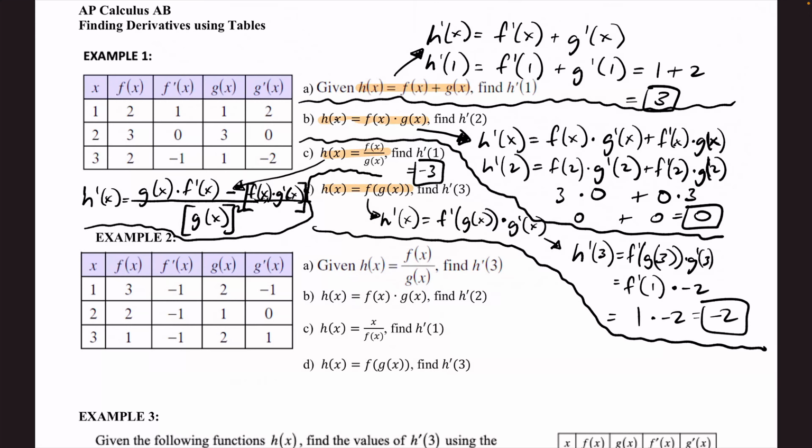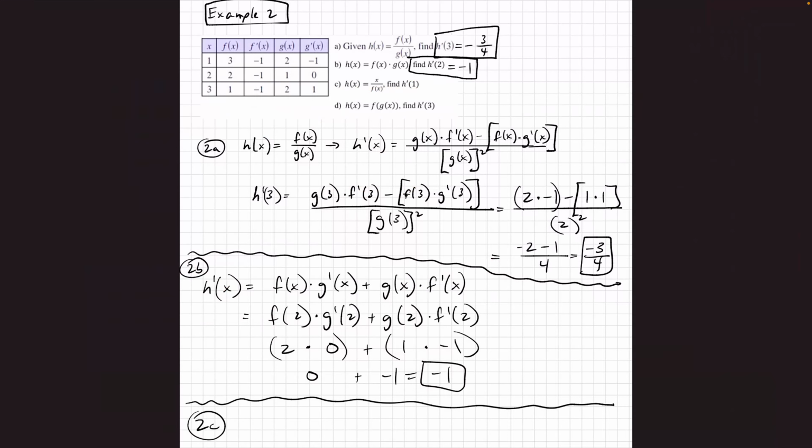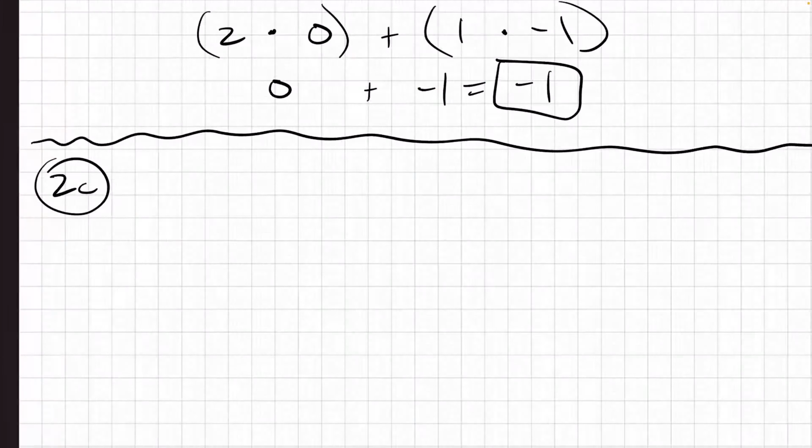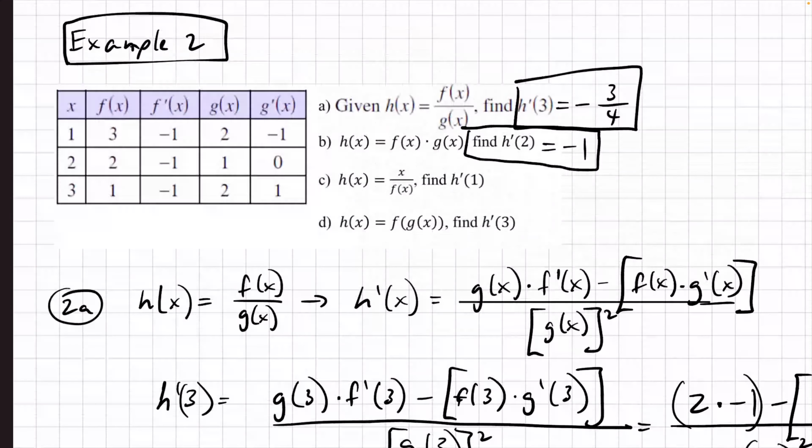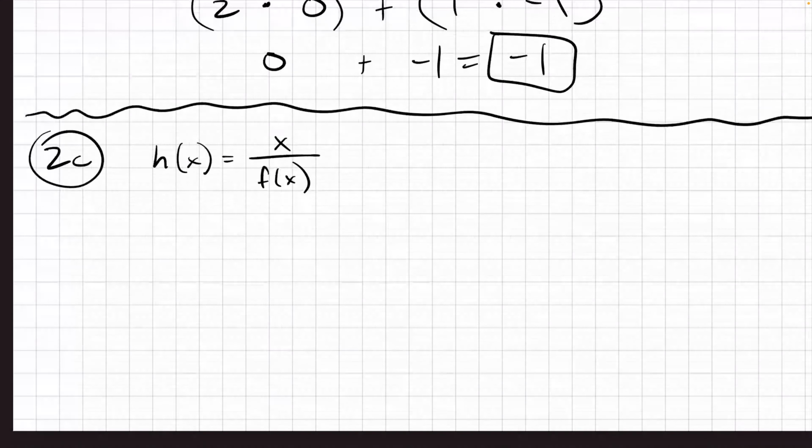So I'll do it up here. For 2C, h of x is x over f of x, right? Yep, and then find h of 1.